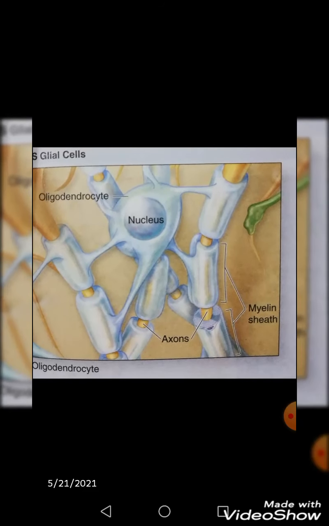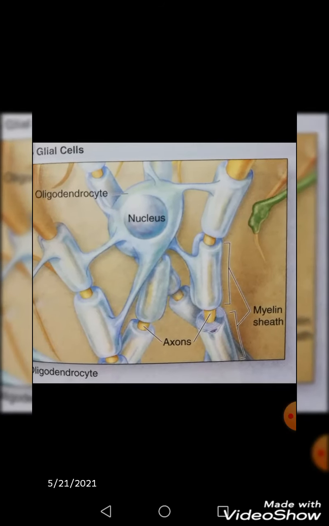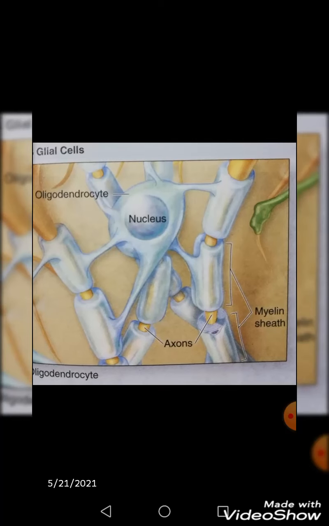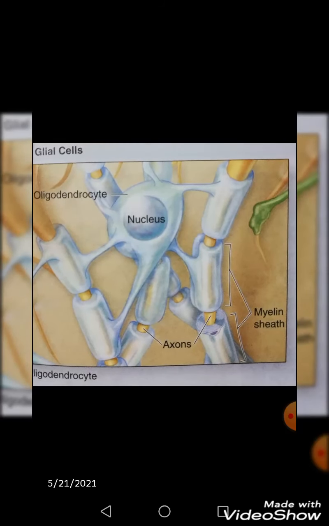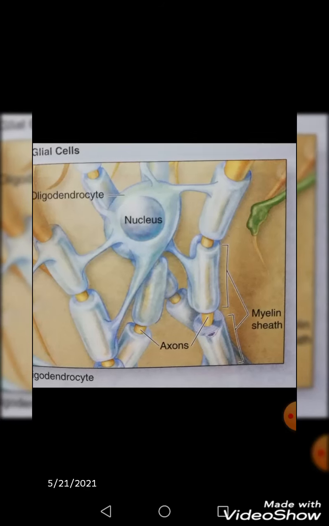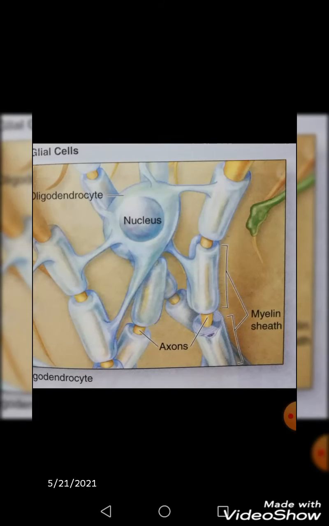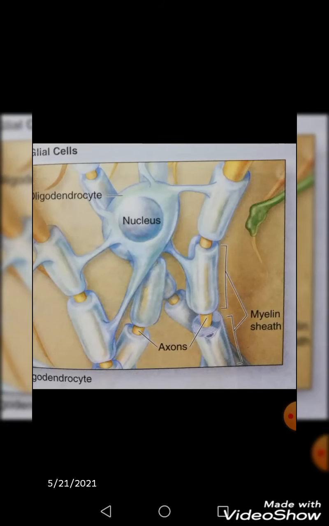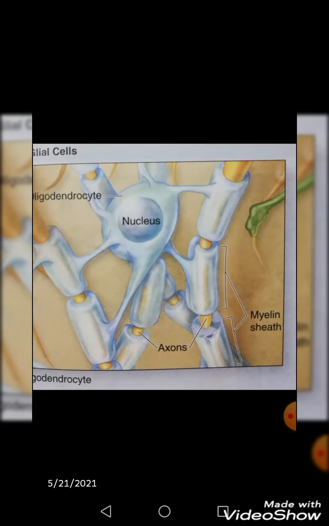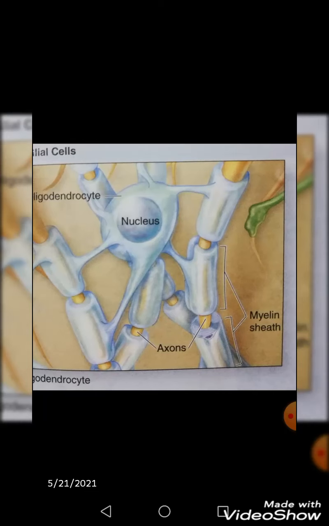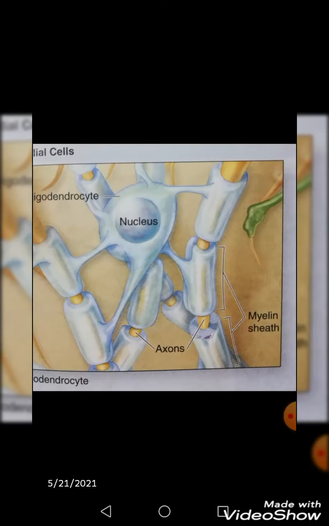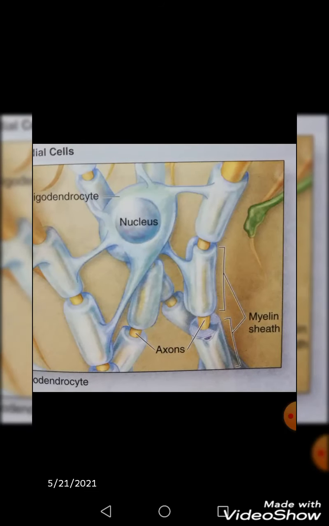But do you know there are two varieties of oligodendrocytes? One is interfascicular, present in between the nerve fibers of the white matter, and forming the myelin sheath over there, right? And the other variety is the perineuronal oligodendrocytes, which you get in the gray matter, closely associated with the cell body of the neurons.